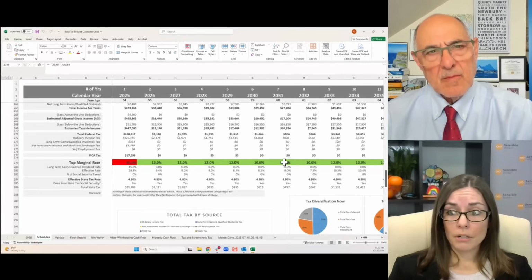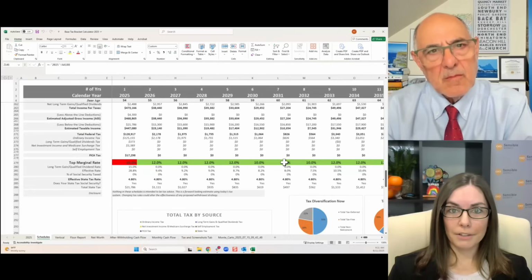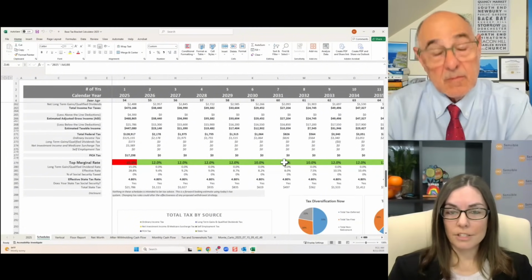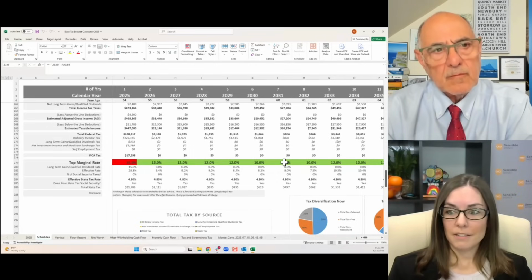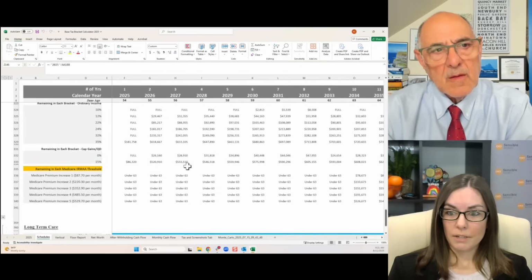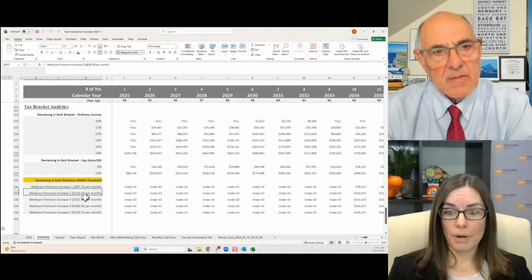So that's the tax picture. Another big part of this analysis for us is Medicare planning. Income tax is one thing, but Medicare IRMAA, income related monthly adjustment amount, we think of that similar to a tax. It's essentially like if your income is higher, you pay higher Medicare premiums. So what that looks like for her is, if we come down here, we have this section for all the different IRMAA Medicare brackets.